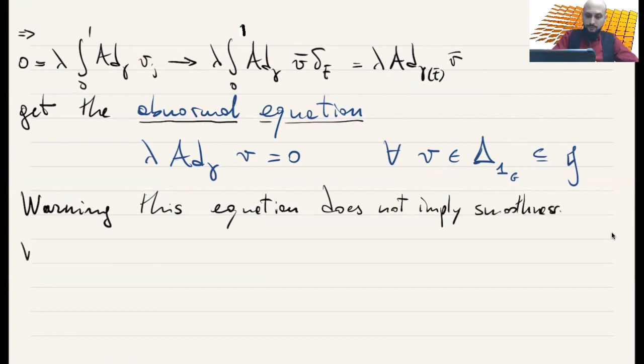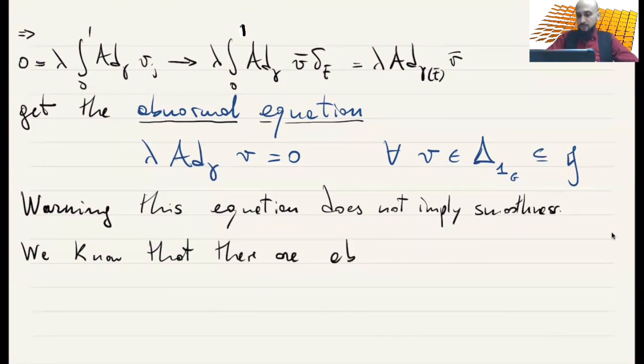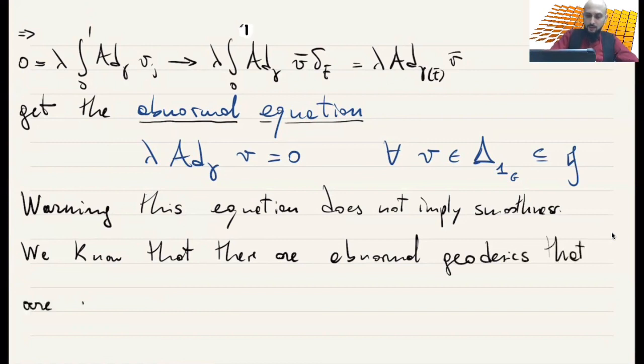And moreover, I'm not going to say anything about why it's true, but we know that there are abnormal cases and examples of abnormal geodesics that are not normal curves.